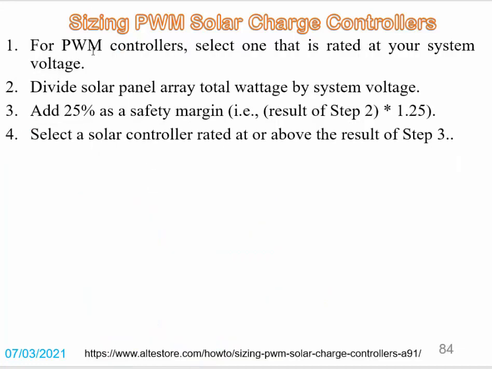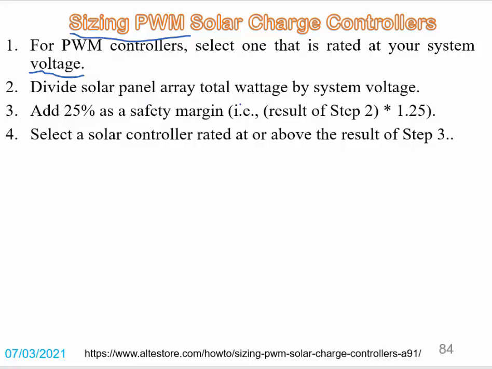Now we are talking about how to size the PWM. For PWM controllers, select one that is rated at your system voltage, so we need to take the voltage into account.